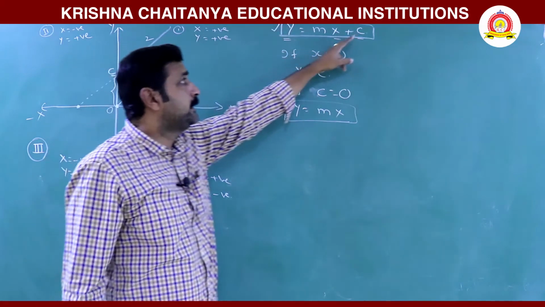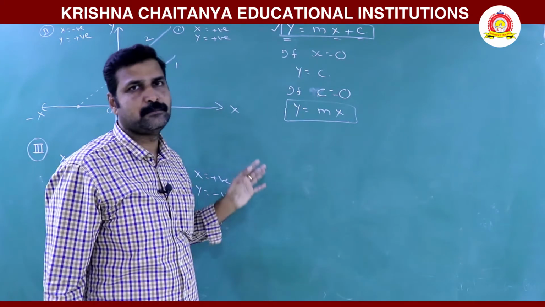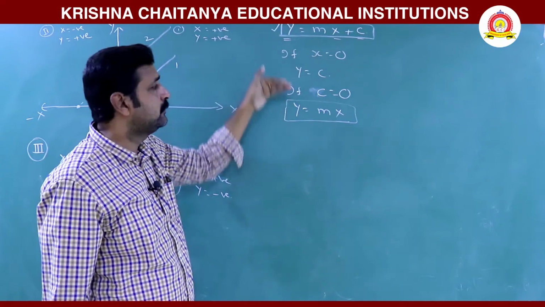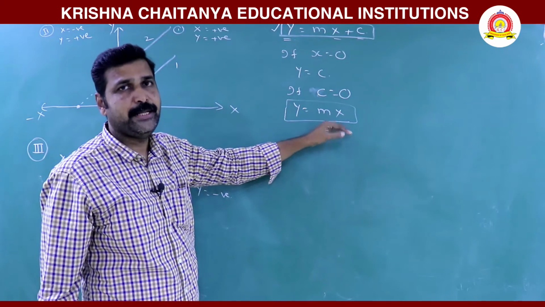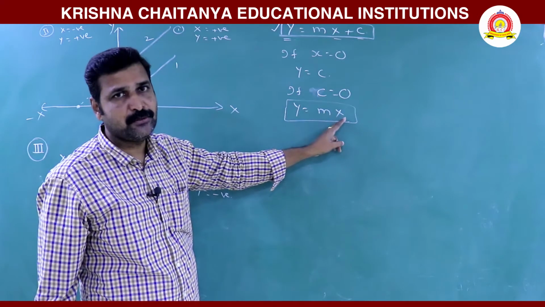and if C is 0, means if any graph passes through origin, then this expression turns into y is equal to mx. For any straight line passing through origin, the expression is y is equal to mx.